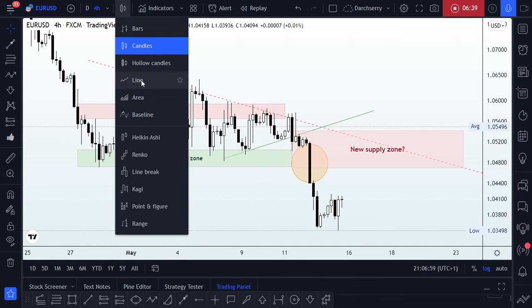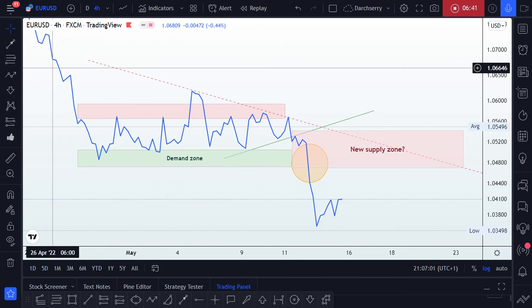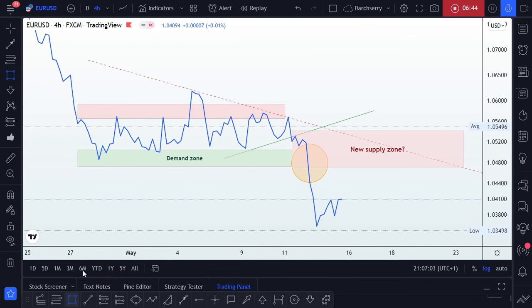So if we bring out our line chart at this point and we turn left a little bit and bring out our line here, we will see that we have a key level right around this area. Okay, hold on a second. We want to look for a key level where we had both resistance and support meet at one point in time in the past.